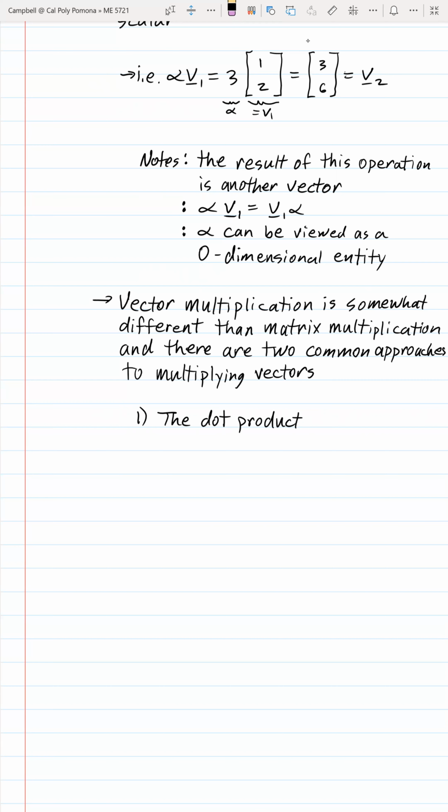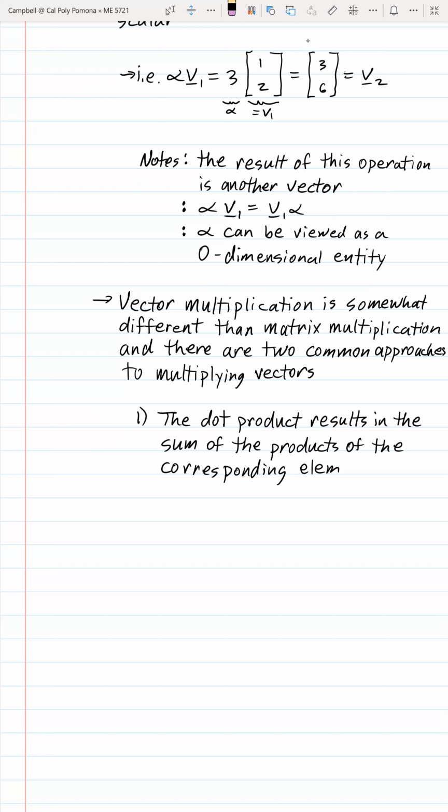So the dot product itself results in the sum of the products of the corresponding elements in the two vectors, or that make up the two vectors.